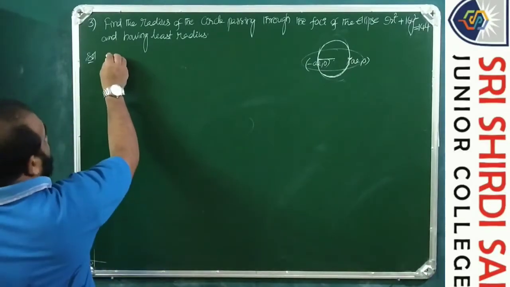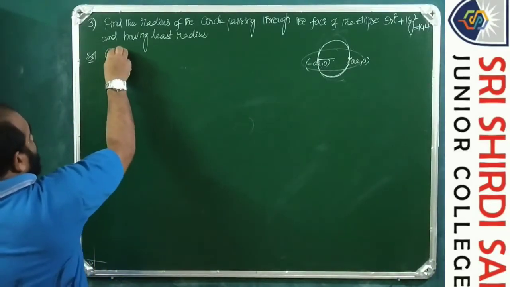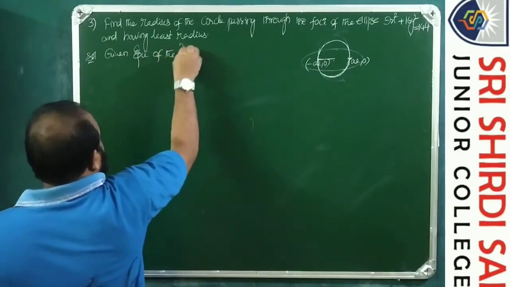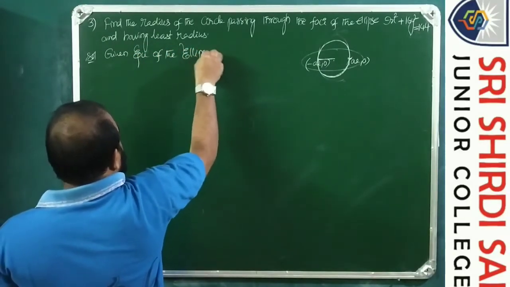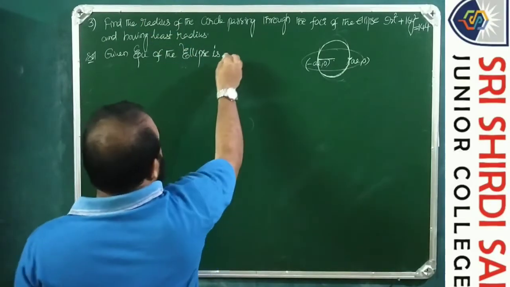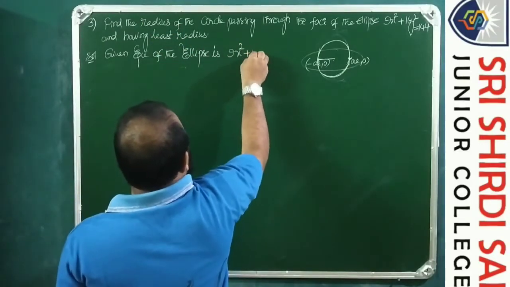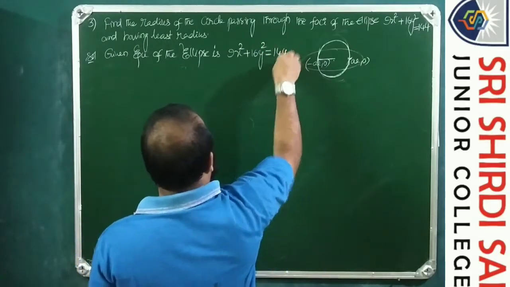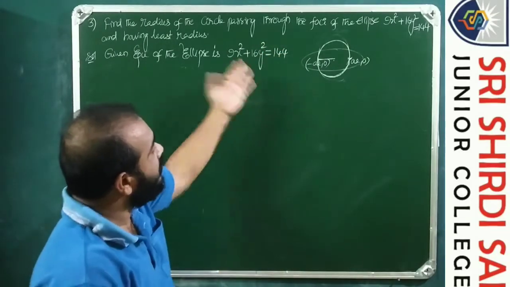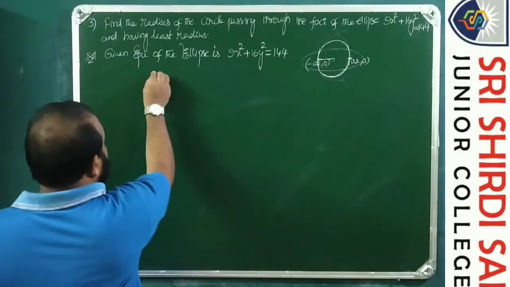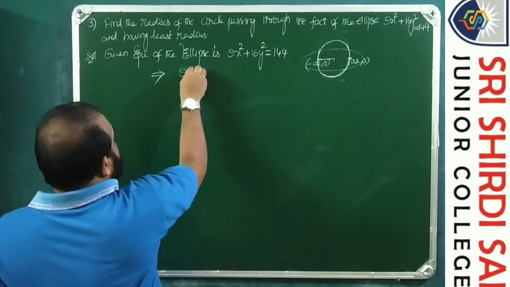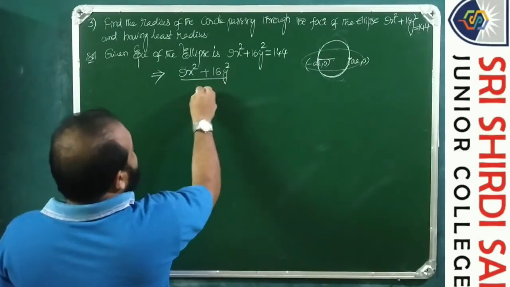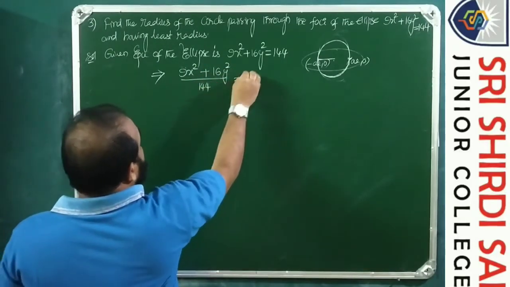So the given equation of the ellipse is 9x square plus 16y square is equal to 144. Let us try to write it in the standard form of the ellipse. So 9x square plus 16y square by 144 equals 1.